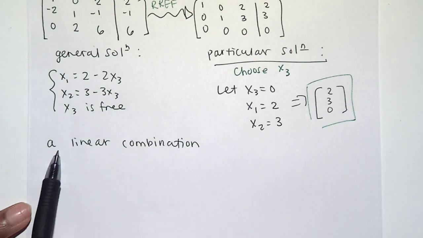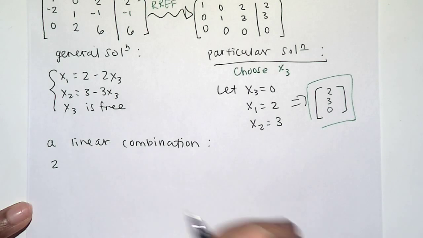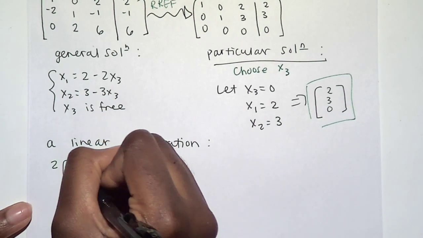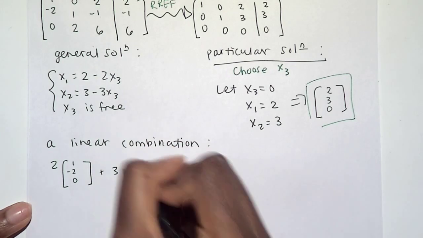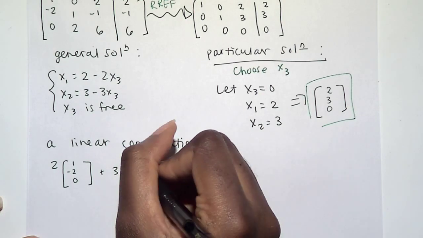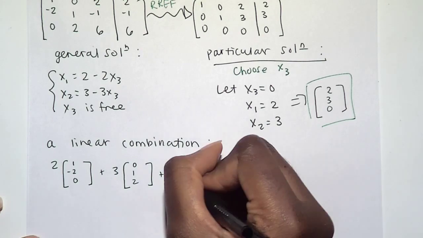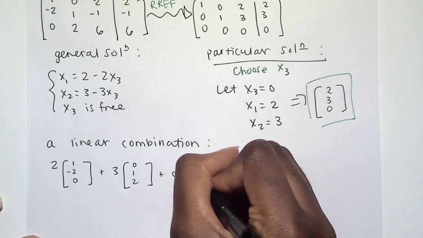I'm saying this is just one of the linear combinations. So I'm going to go with 2 times my first vector plus 3 times the second vector plus 0 times the third vector.